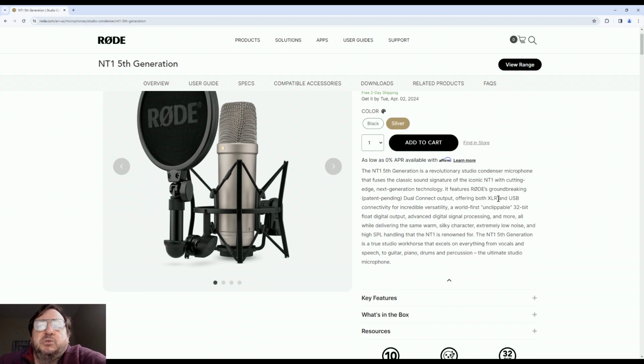So suppose your camera, Fujifilm or Canon R3 or any other camera, they don't have it. First of all, they don't have 32. Secondly, they don't have XLR. So for professional use, they use two separate ways.